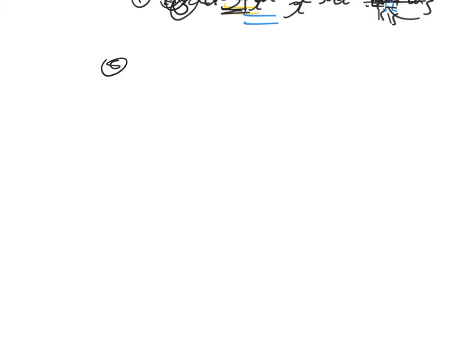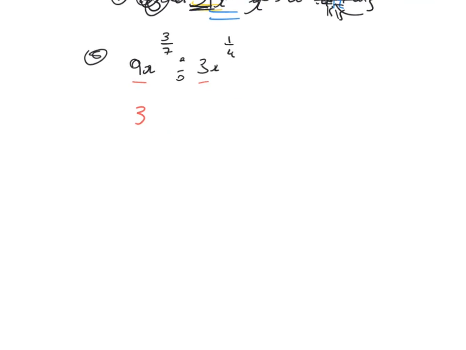Okay, example 6. 9x to the 3/7 divided by 3x to the 1/4. Remember we apply the rules of indices only to the powers, so 9 divided by 3 is just 3.